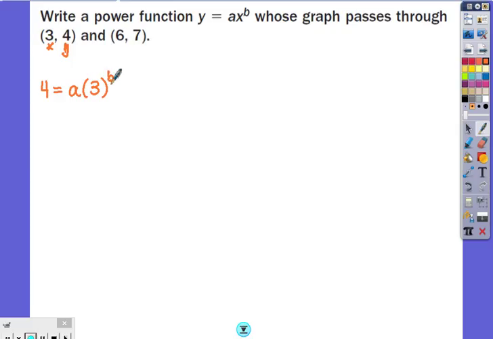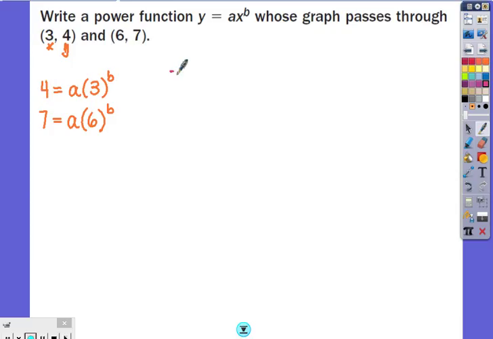So this just looks a little weird since we just did those last problems, but this is the idea. Y equals a times x to the b. Now, I found that the easiest way to solve this type of problem, to figure out my a and my b, it's going to look a little weird at first, but we're going to basically set up this equation divided by this equation.